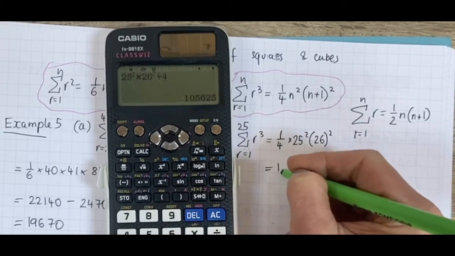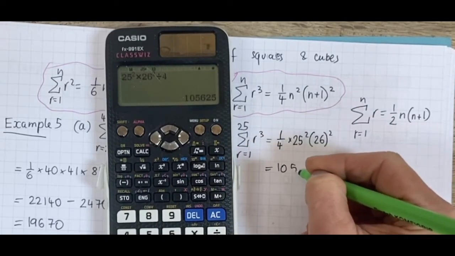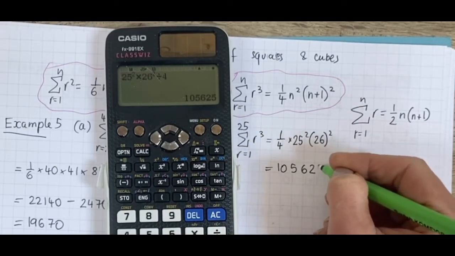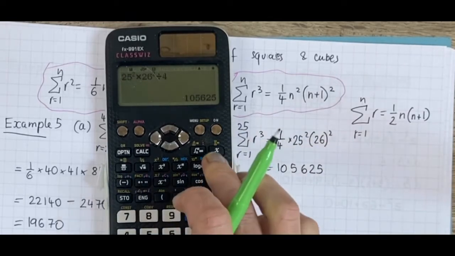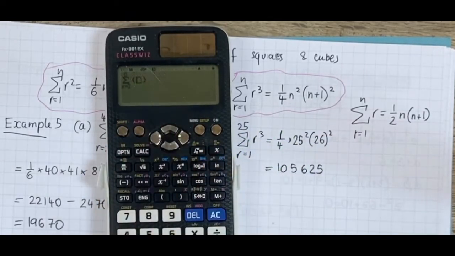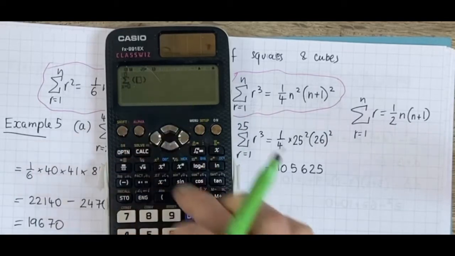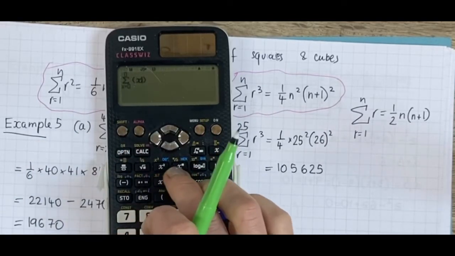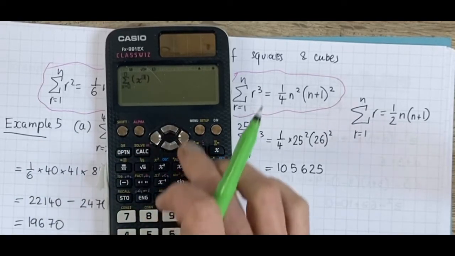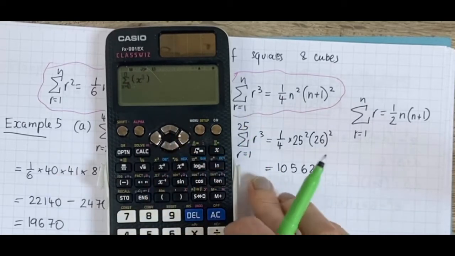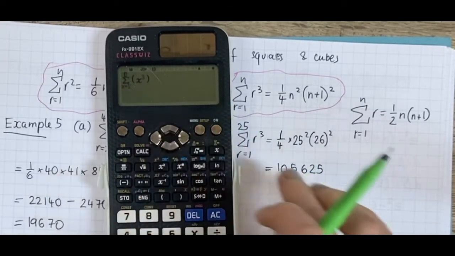So it's 105,625. Let's check whether our sigma notation gives me the same answer. So I need to go to alpha x, let's put to the power 3, starting from 1, going up to 25.